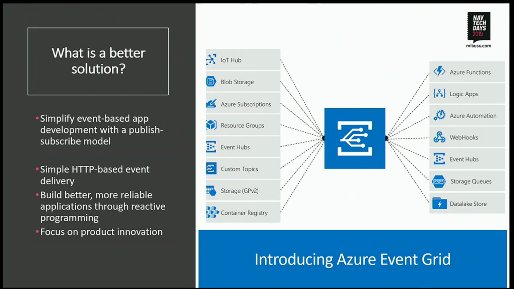So there are many connectors which can send information to Event Grid, and Event Grid has many connections to other services. So it knows how to deal with the different constructions of web calls for different systems.